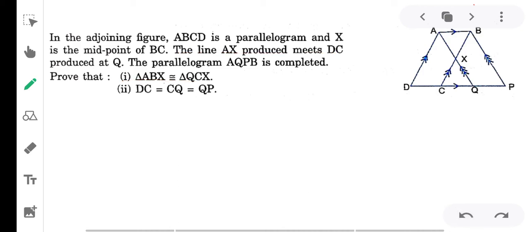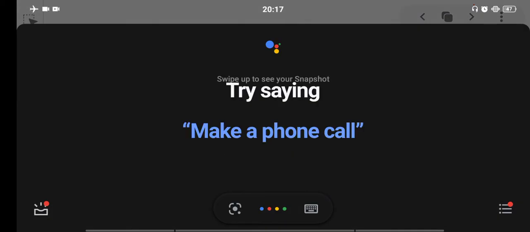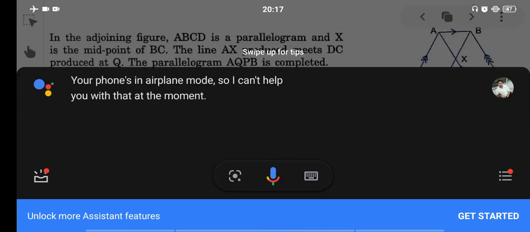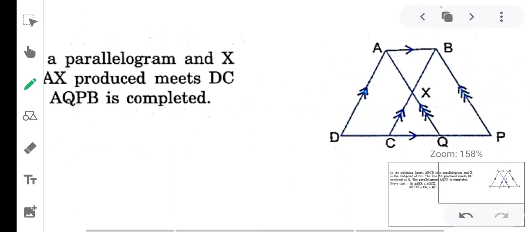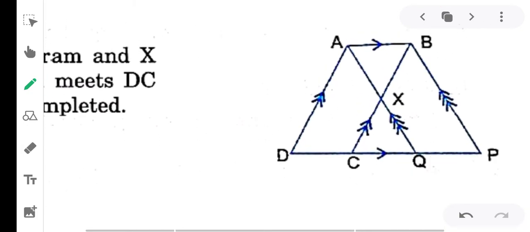So I have to prove that triangle ABX is congruent to triangle QCX. In between these two triangles we have BX equal to CX, because X is the midpoint, that is given. Clear?